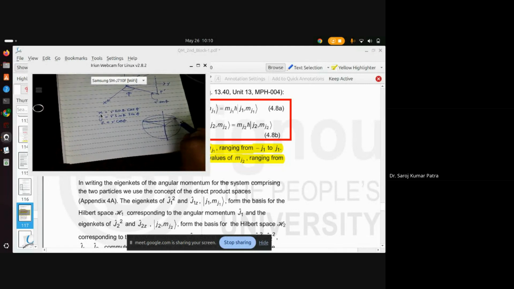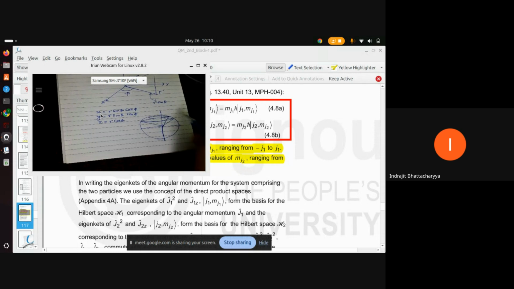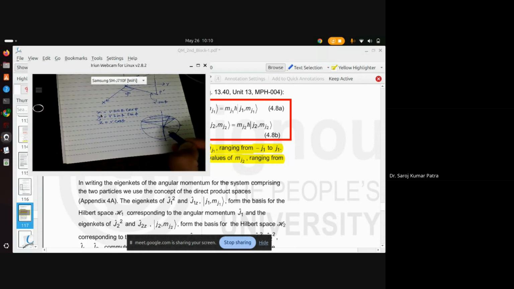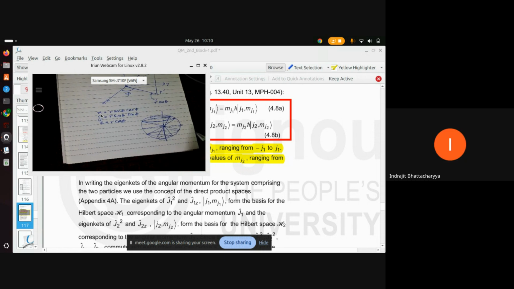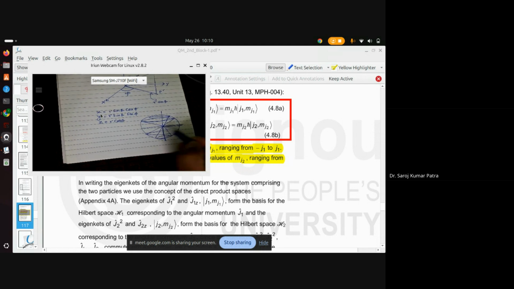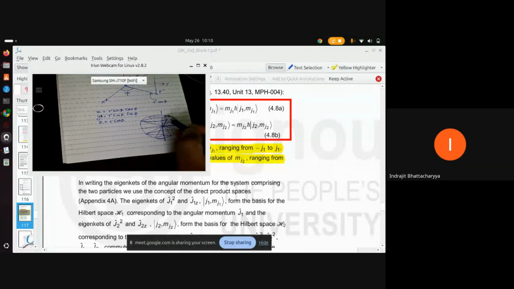For this one we'll get one value, for the next one another value. Similarly for this one, we'll get one value, and for another one, another value. So this way we'll have 0, then the next one, then the next one. All values are not possible from the equation condition. You will see.